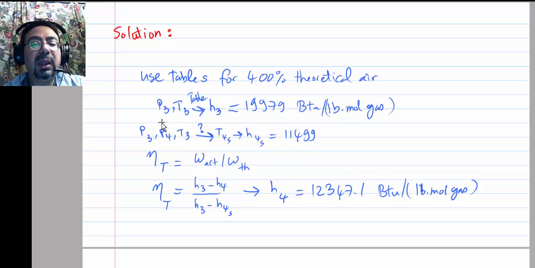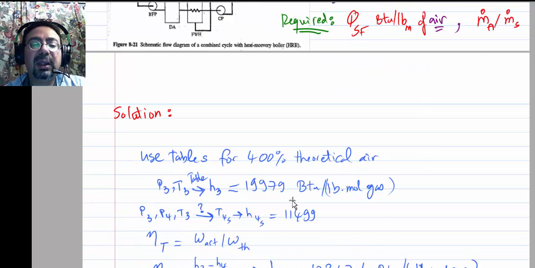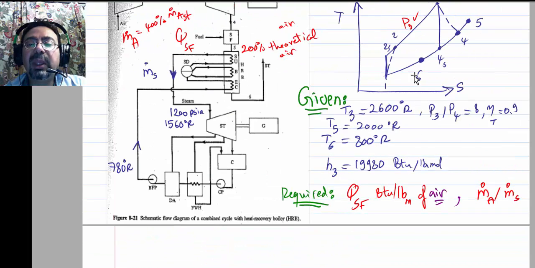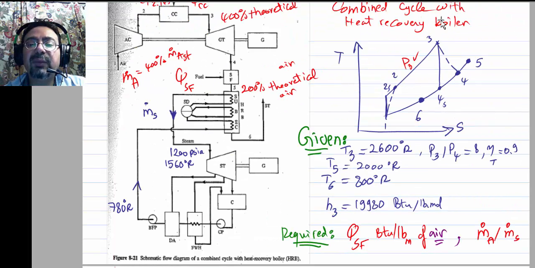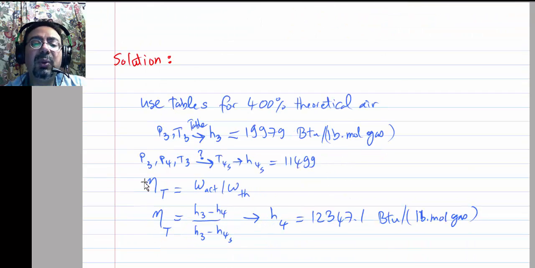And so in those tables, just like the steam, you need two properties to get the H. Okay, so you need the pressure and temperature, you get H3. Okay, so I guess it was not given. He calculated it. And now, how do we get 4s and 4? This is isentropic, right? And then you will be able to calculate H4s.